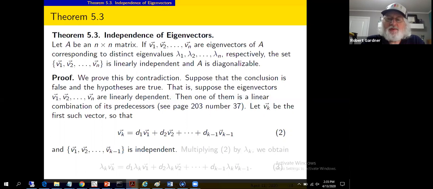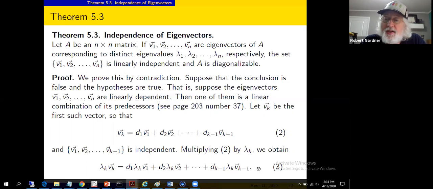Okay? So what we're going to do is take this equation 2 and do 2 things to it. We're going to multiply both sides by lambda sub k, and we're going to multiply both sides by matrix A. First, multiply both sides by lambda sub k. We'll get a lambda sub k in front of the v sub k. We'll distribute the lambda sub k's throughout here.